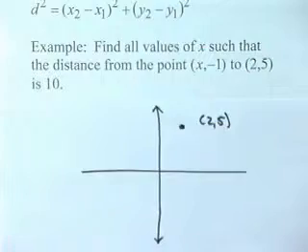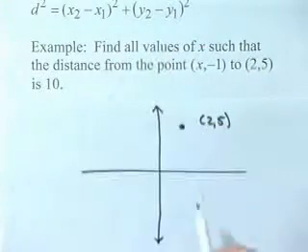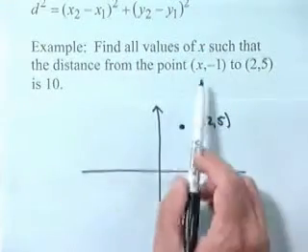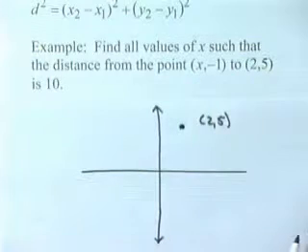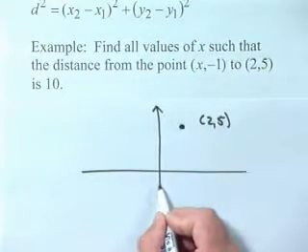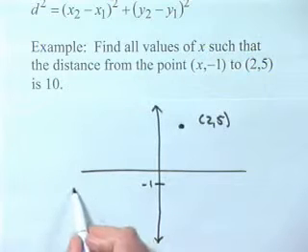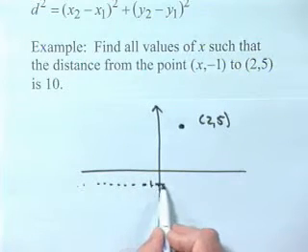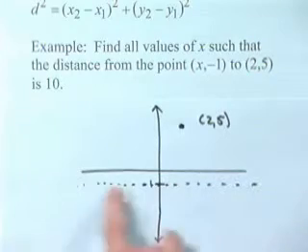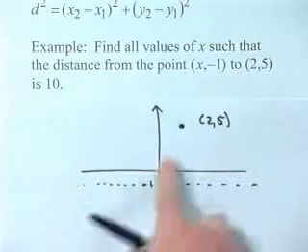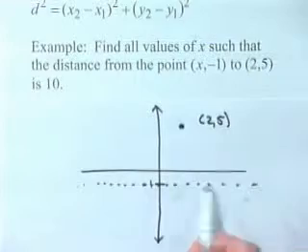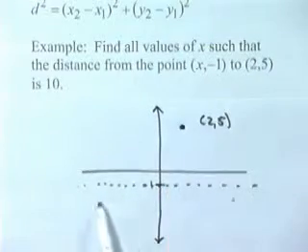Now, it says find all values of x such that the distance between this point, x, -1, and that point is 10. All we really know is that it has a y-coordinate of -1. So we know that this point must lie somewhere on this imaginary horizontal line. Any point on this line will have a y value of -1, right?